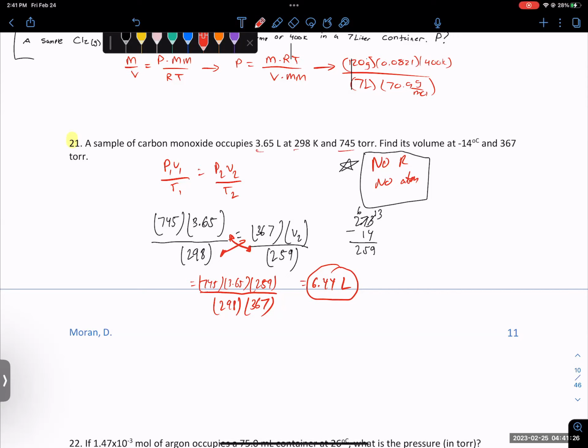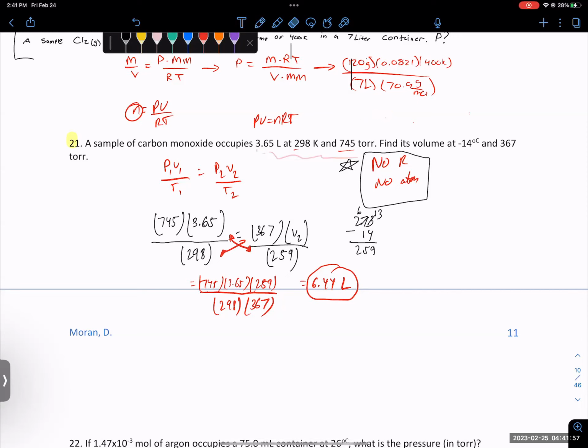Your number of moles in this case are being held constant. So what you can do is do the ideal gas law, PV equals nRT, solve for your moles real quick. So PV over RT, then using these numbers. And then what you can do is take your moles you got here and plug it into a new PV equals nRT equation and solve for your volume. But this is super long because you have to convert your pressures to atmospheres and then plug it in and make sure all the units match up.